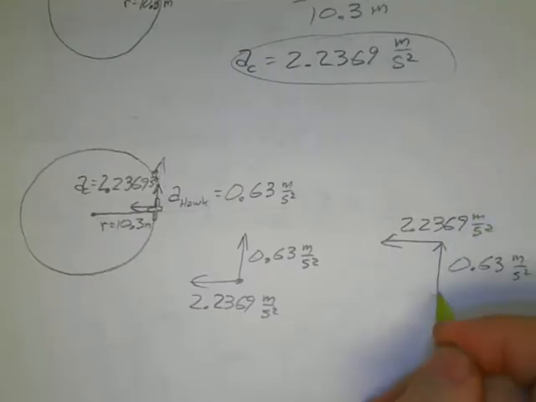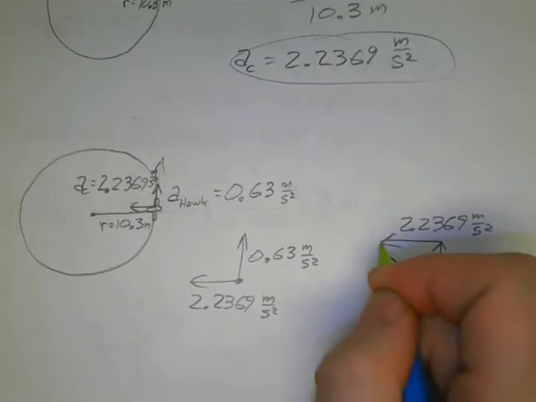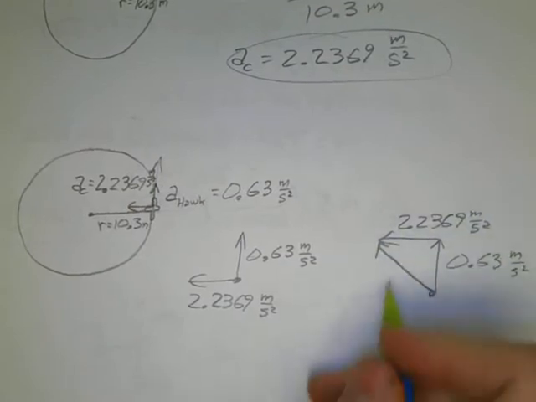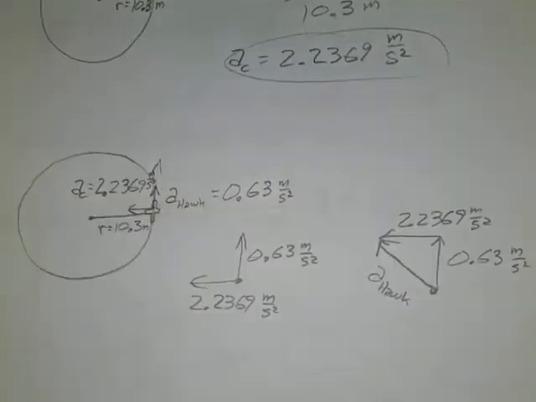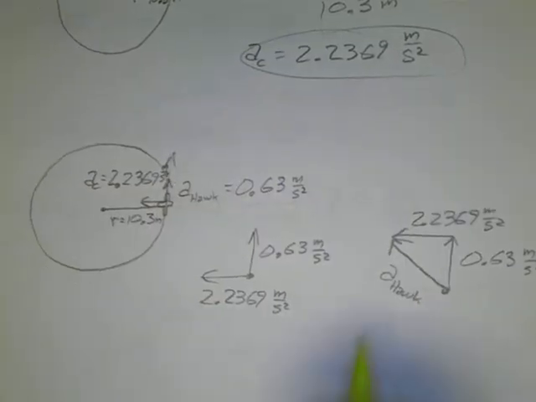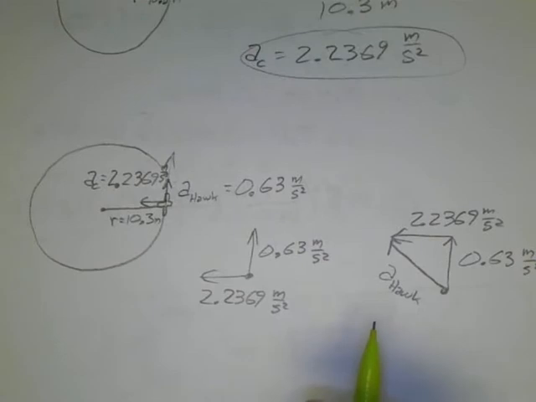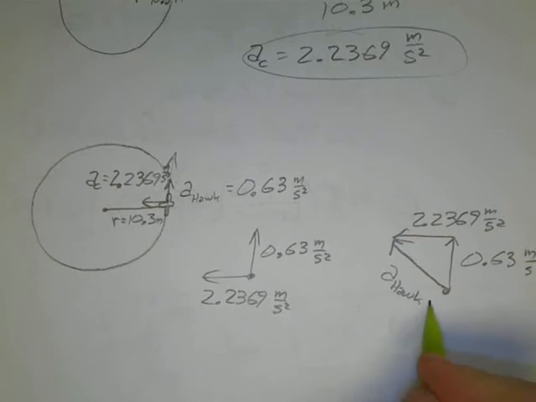And so the total acceleration of the hawk would be the hypotenuse. I'll just say total.